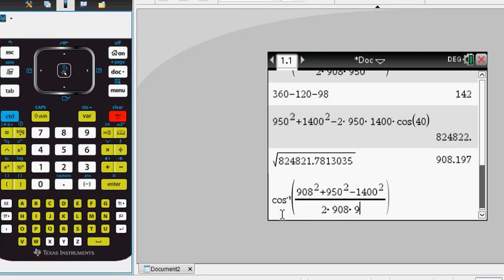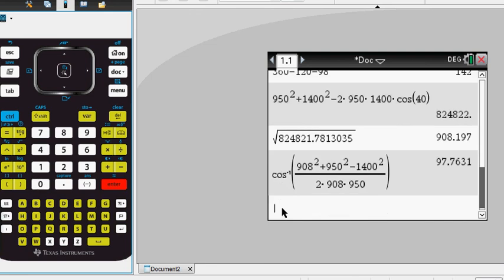This is not picking, it's 950. Enter. So that is 97.76 degrees.